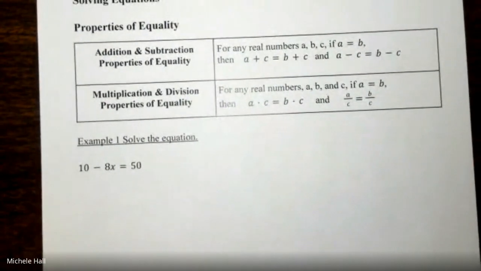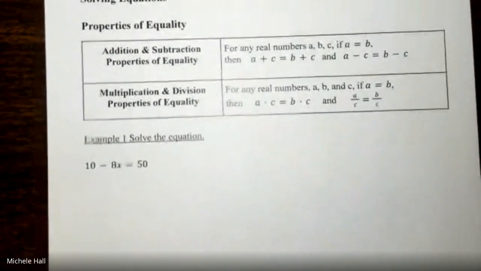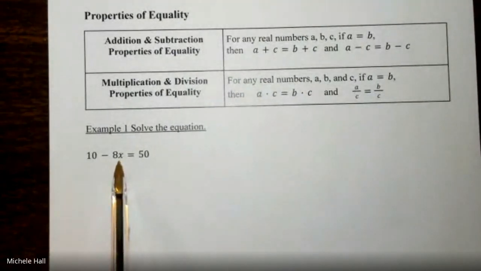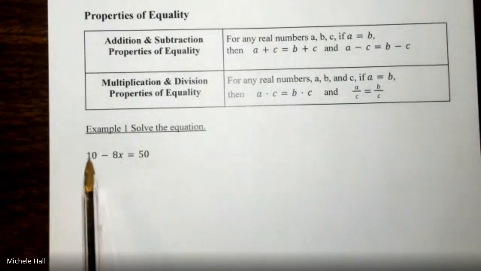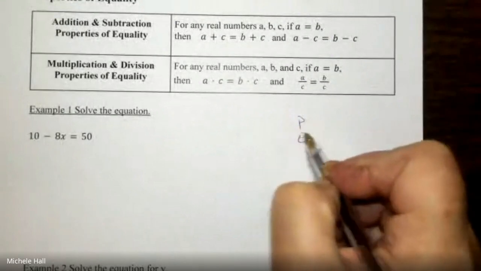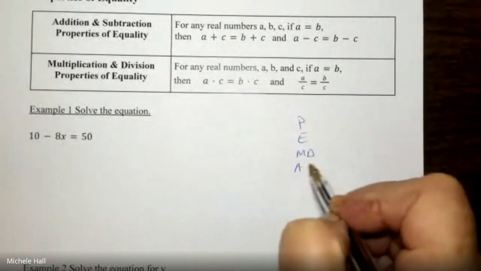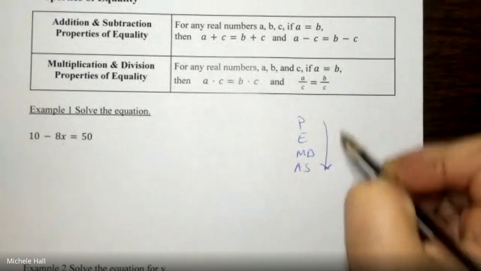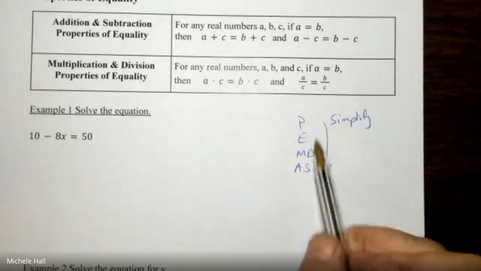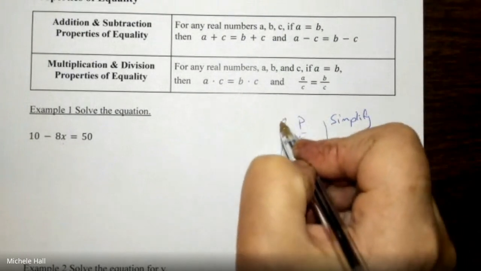Okay. On example 1, we have a 2-step equation because x is being multiplied by -8 and x is being added by a +10. Remember that we use PEMDAS forward when we simplify, and then we use PEMDAS backwards when we're solving.